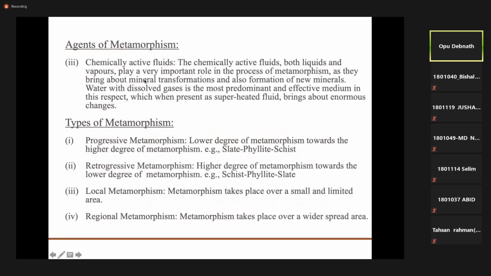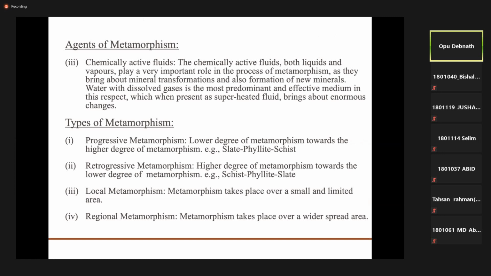And the last one is the chemically active fluids. The chemically active fluids, like liquids and vapors, play another important role in metamorphism. The mineral transformations and the formation of new minerals are observed due to the action of chemically active fluids, or sometimes gases. Those may contain radioactive elements as well.